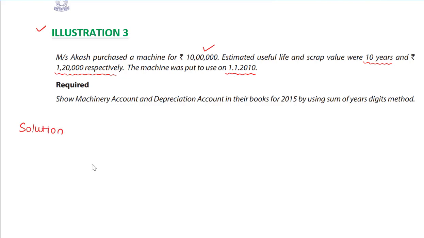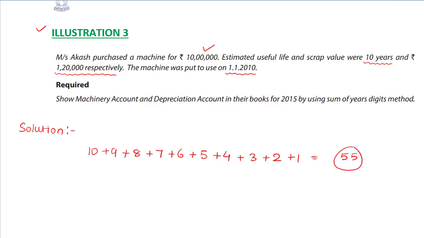Solution: 10 plus 9 plus 8 plus 7 plus 6 plus 5 plus 4 plus 3 plus 2 plus 1 equals 55.